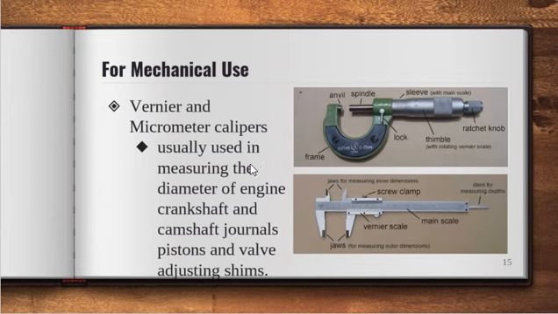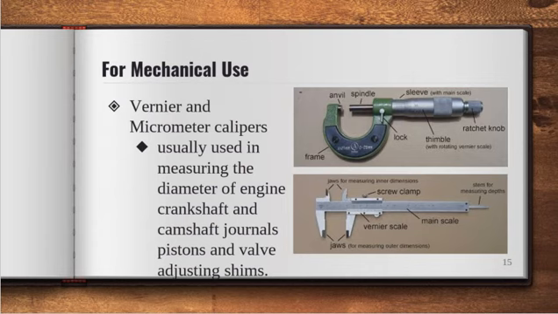They are usually used in measuring the diameter of engine crankshaft and camshaft journals, pistons, and valve adjusting shim. So the vernier and micrometer calipers are both precision instruments that can measure even the smallest and tiniest thickness and the diameter of an object.